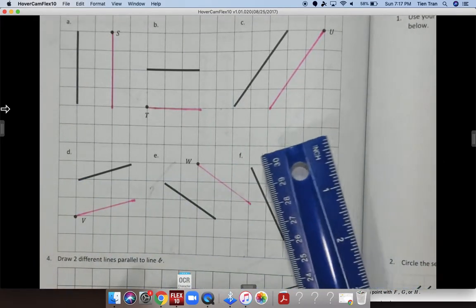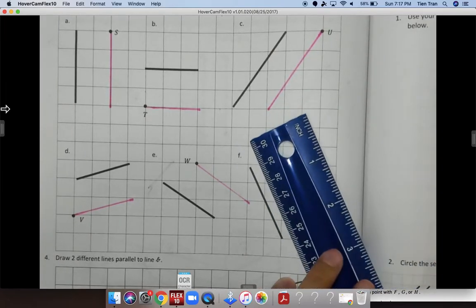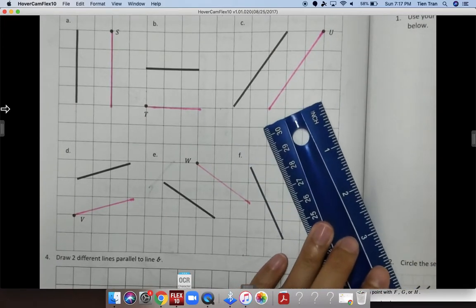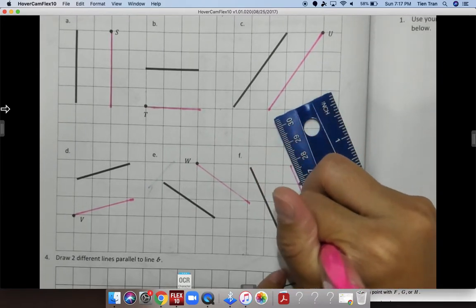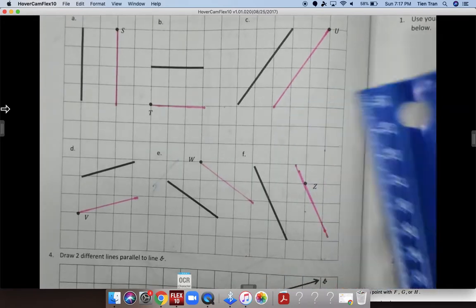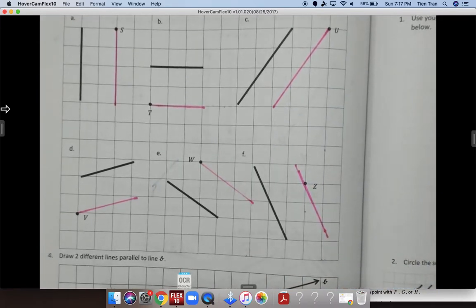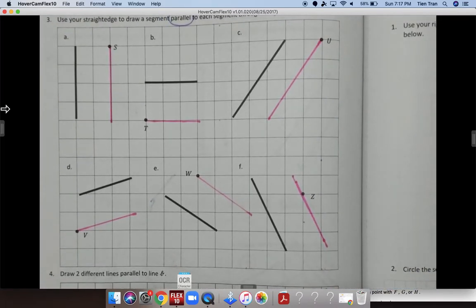I'm not expecting you guys to have perfect lines. And then this one over here, I'm going to slide it over and draw another parallel line. Okay, I'm going to give you guys a moment to draw these lines. This is a good time to pause the video and let the students write and draw the parallel lines.